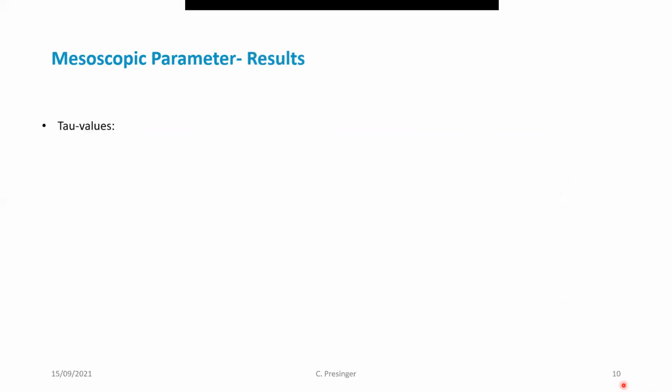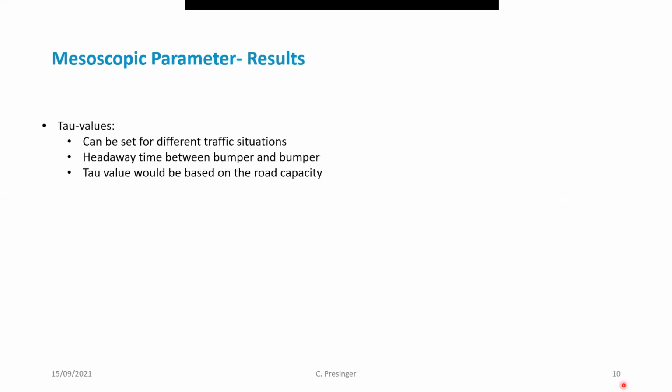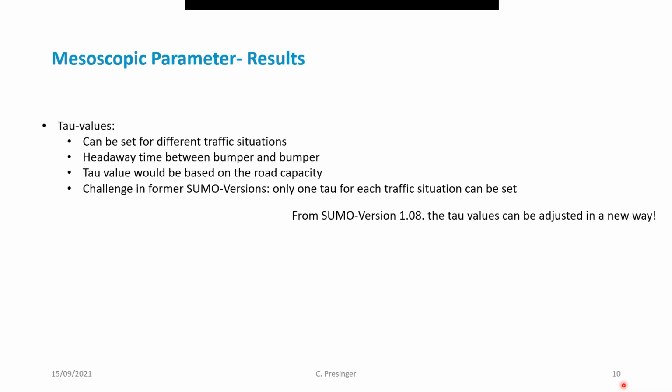But as I found out, in the newer SUMO versions, it can be adjusted in a way that you define a road characteristic, and you can set the tau values for these roads. I haven't done it yet, but I'm planning to.